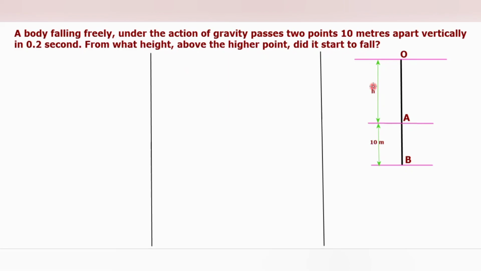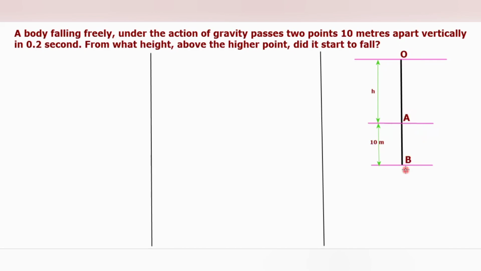We are going to take it as 2 segments, one is AB and another one is OA. First, I am going to consider the segment AB.